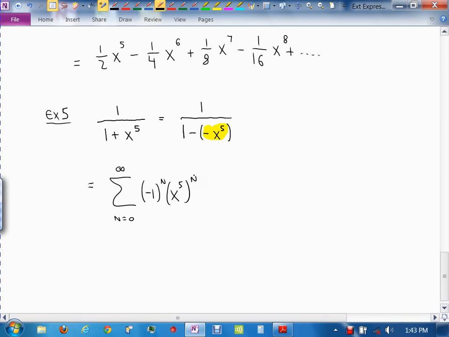Because it was negative x to the 5th, I already know that's like negative 1 times x to the 5th. So I already peeled that negative 1 off in front, and then x to the 5th. Now I could go one more step if I wanted to. What's x to the 5th to the n? X to the 5n, because that's where you multiply the powers, right?